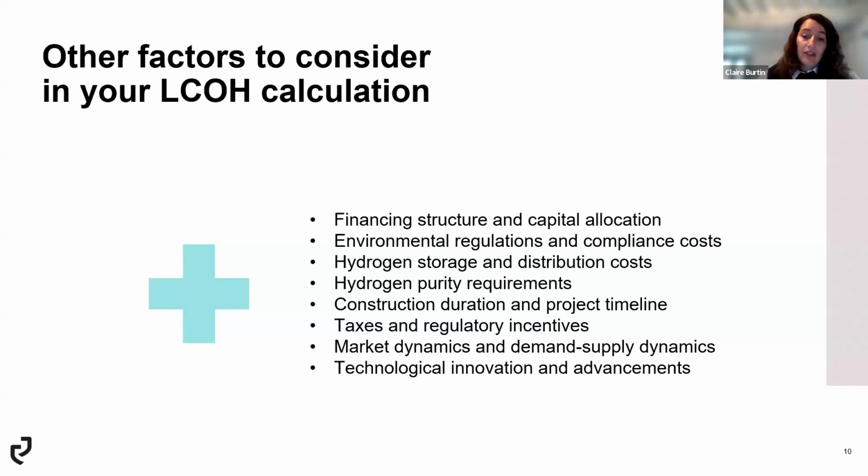And the last point is technological innovation and advancements. Your project is going to last 20 years, and I'm talking about the electrolyzer right now, but you're going to need to replace your electrolyzer every, depending on your project, 8 to 10 years. So you will have at least one replacement to make during the lifetime of your project.